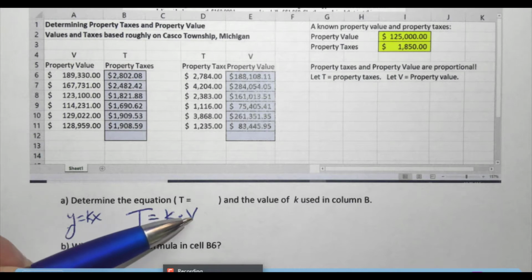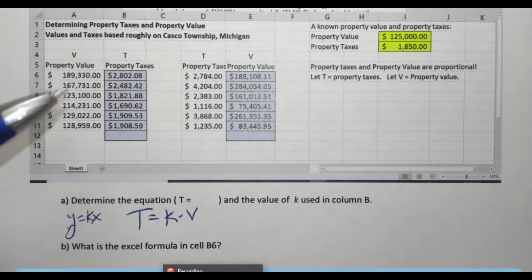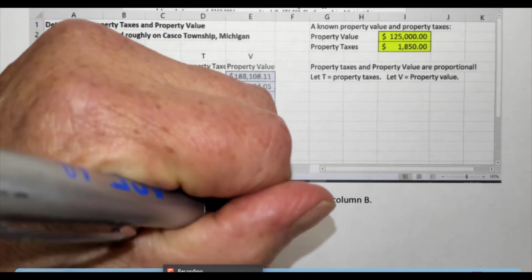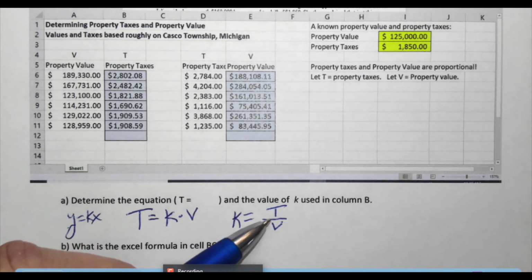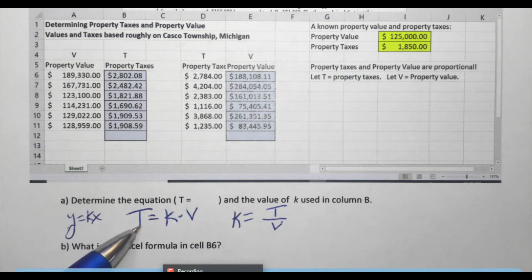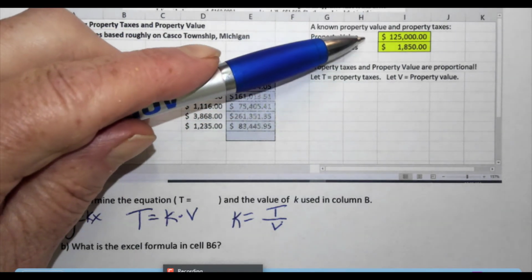Well, I'm going to input value and output taxes. So k has got to be equal to taxes over value. That's the units, because the value has got to cancel and I've got to get taxes equal taxes. I want you to think about that. Then it's pretty simple to put the numbers in.